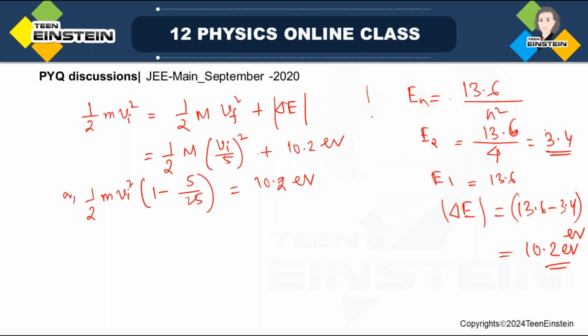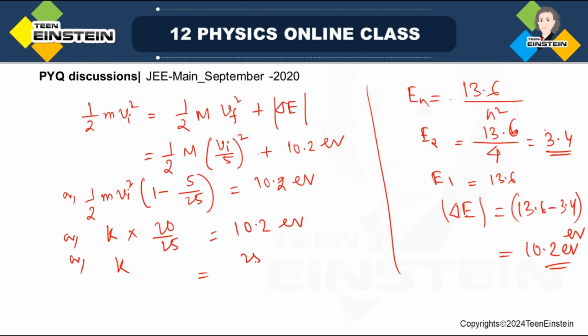I don't know, maybe I'm making it too messy, but still, let me check once again. This is the kinetic energy which I have to find out, into this is 20 by 25, 10.2 ev. So K is equal to 25 by 20 into 10.2 ev.